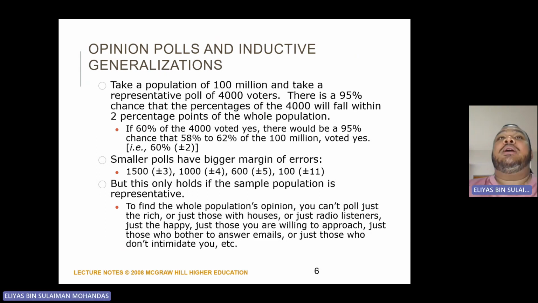So for example, if I want to contest in a parliamentary seat election, I want to see whether the people who are living in my constituency support me or like me. So I come up with a survey. How do I distribute the survey?